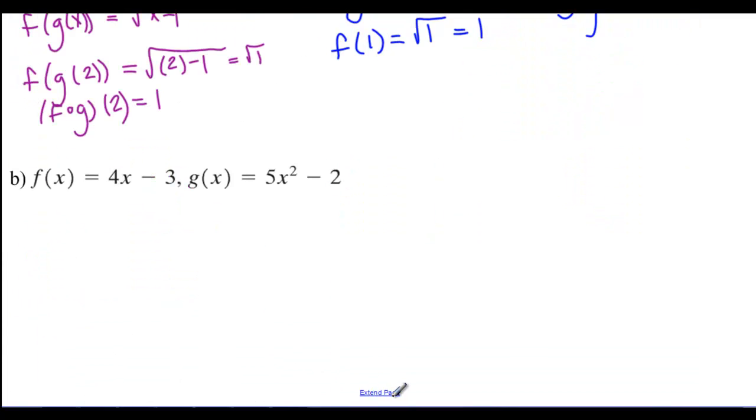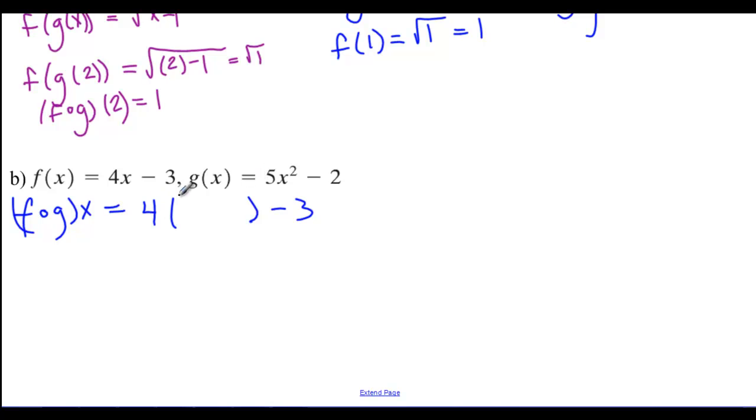Let's look at one more example. And again, we're going to start off doing f of g of x, where we are plugging g into f of x. So f of x is 4, and then x, I'm going to leave parentheses, minus 3. So 4x minus 3, and whatever we're plugging in, we're going to plug in for x.